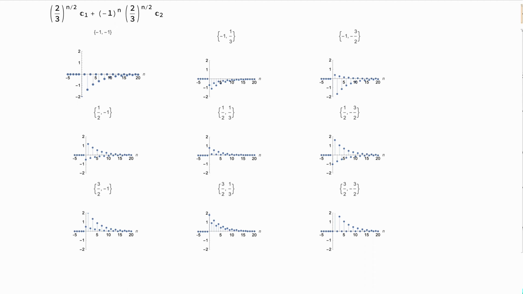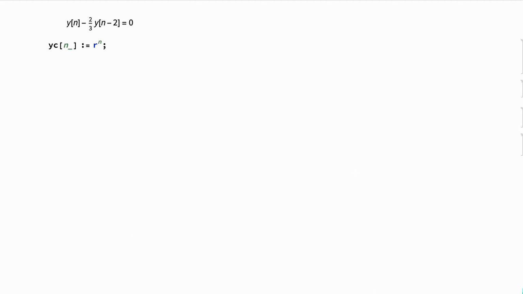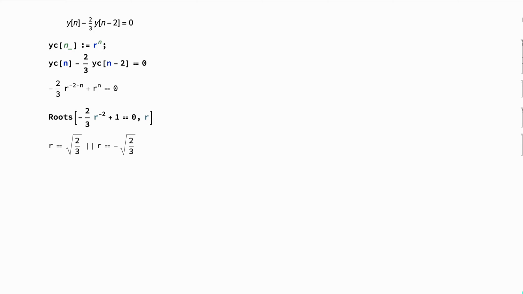Now, solving for the solution by hand, we consider the exponential signal r to the power n and let it satisfy the difference equation, which gives us the characteristic equation and the two distinct characteristic roots as shown here. The complementary solution will be a linear combination of the two exponential terms, which is what we found using the Wolfram language as well.